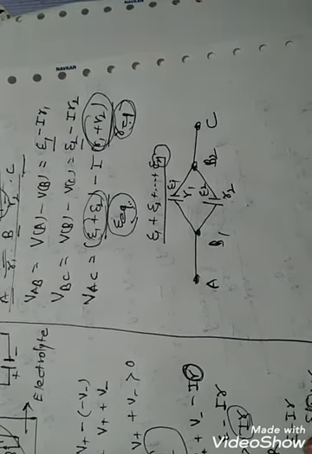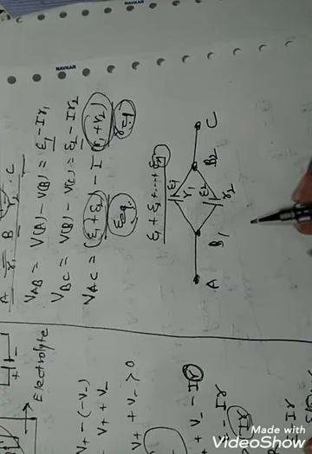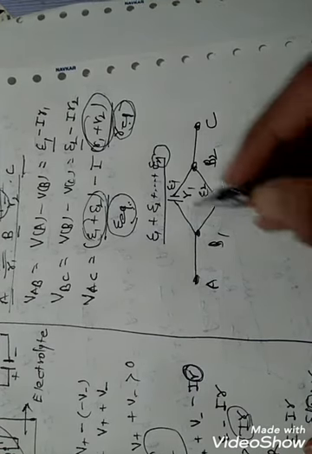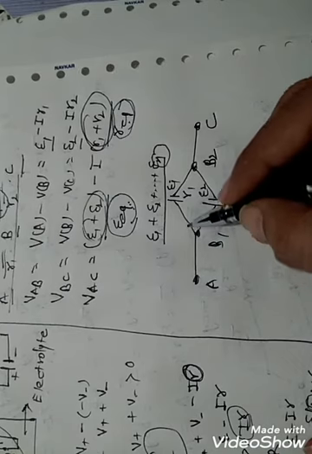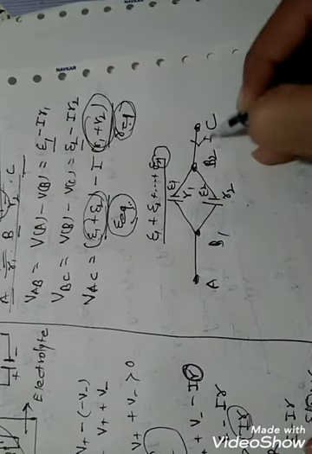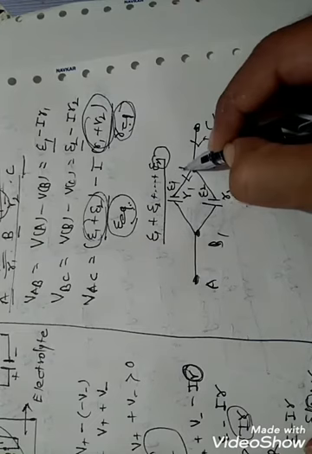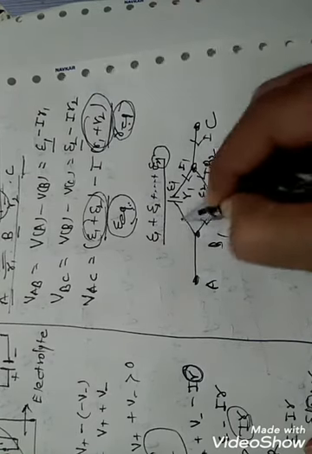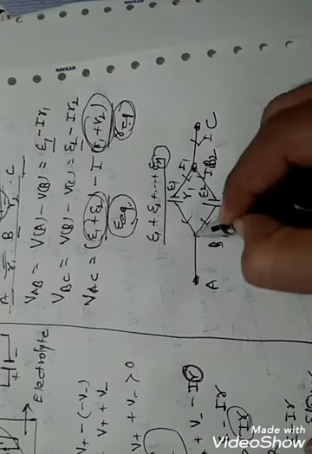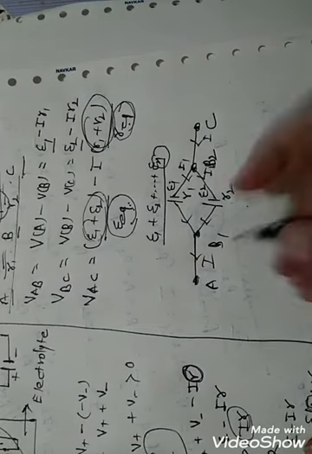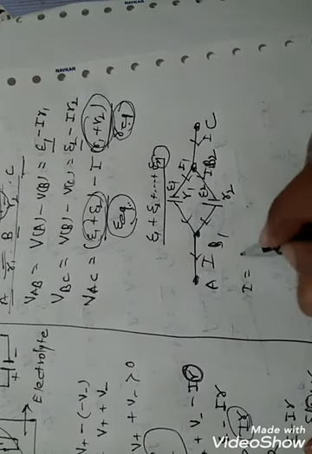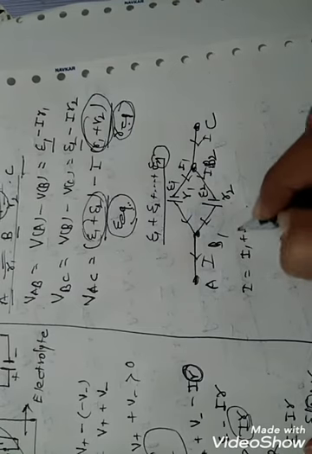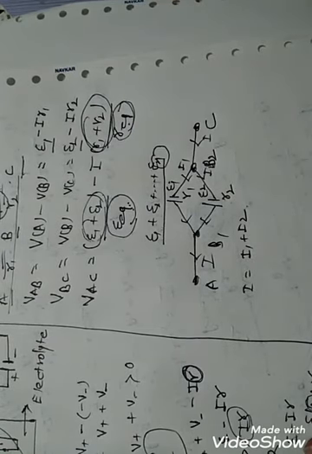So here the total current I entering is divided into two parts, I1 and I2, and leaves as total current I, meaning I is equal to I1 plus I2.